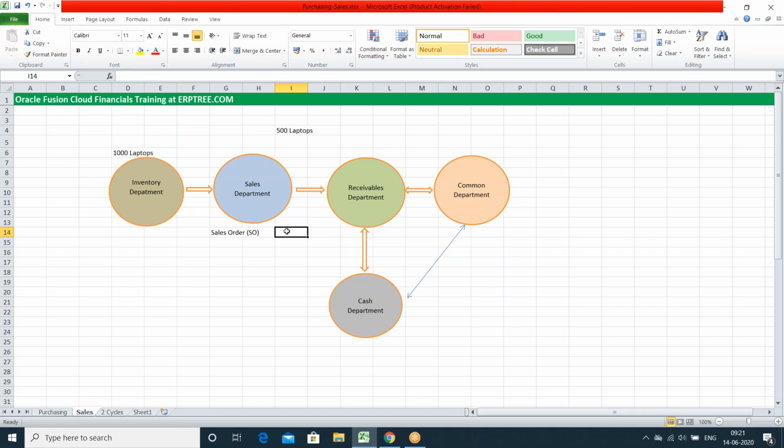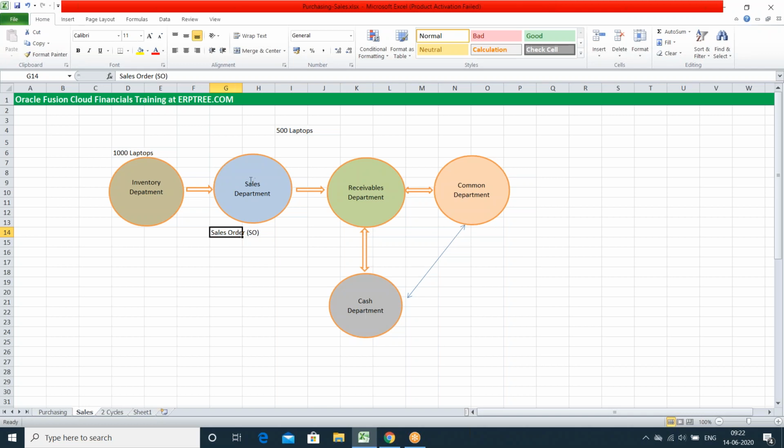The same order, once the sales department of the other company receives it, they record in their books as a sales order. The customer order will become a sales order for the supplier. For the customer, the order is a purchase order. For the supplier, they record the customer order as a sales order.